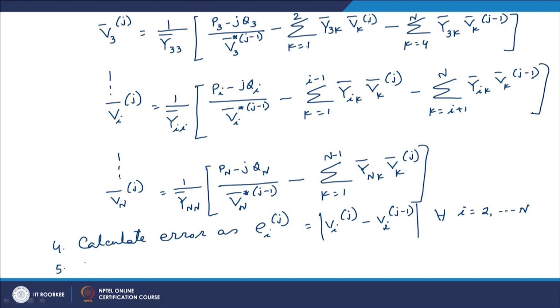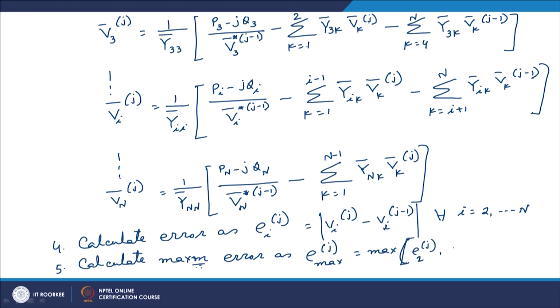Then calculate the maximum error as E max at the jth iteration as max of E2j, E3j, dot dot dot, Enj.